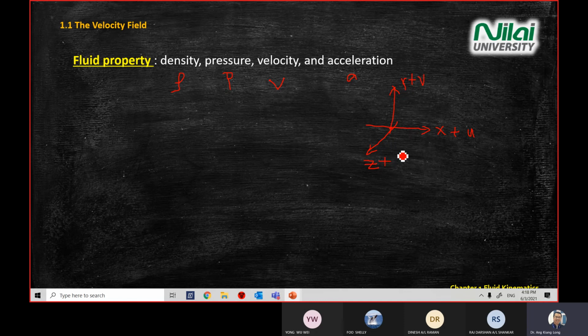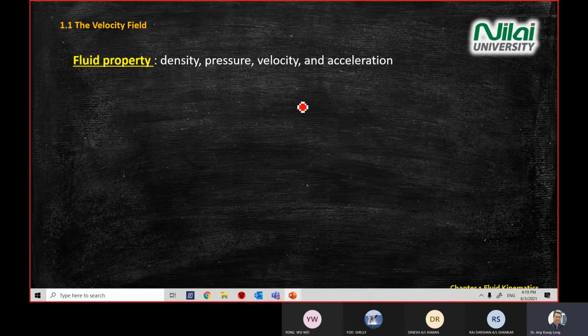And if linked with the z direction, we'll use w. Okay, so u, v, w are the symbols that we use. Every time you look at u, it means that the direction is along the x-axis. If you look at v, it means something happened to y. If it happened to z, it is w. So all this notation is important for you to score some marks when you come to the test or final exam. All right, so be careful on the notation that you write in your equation.